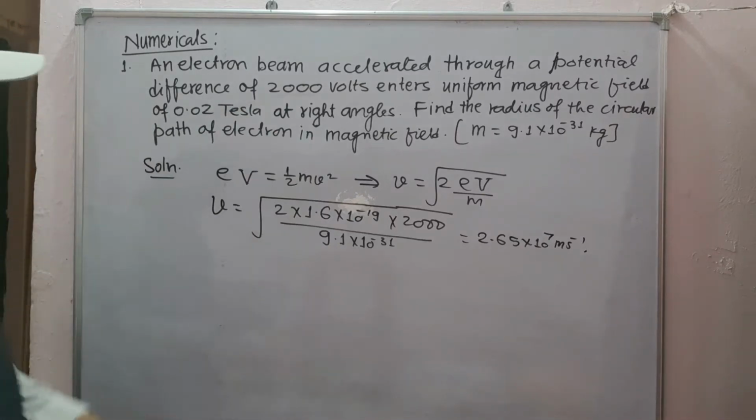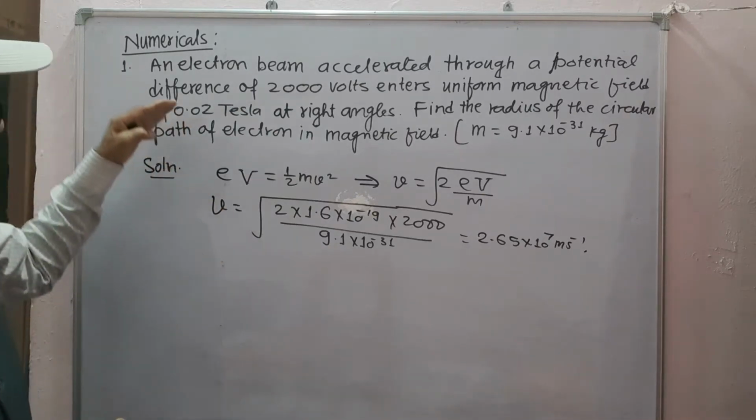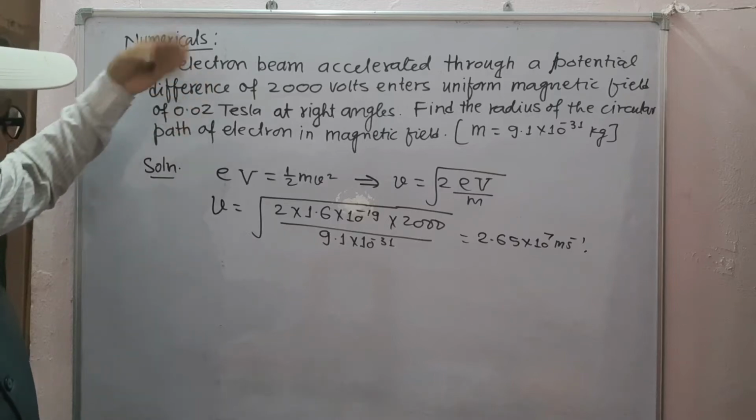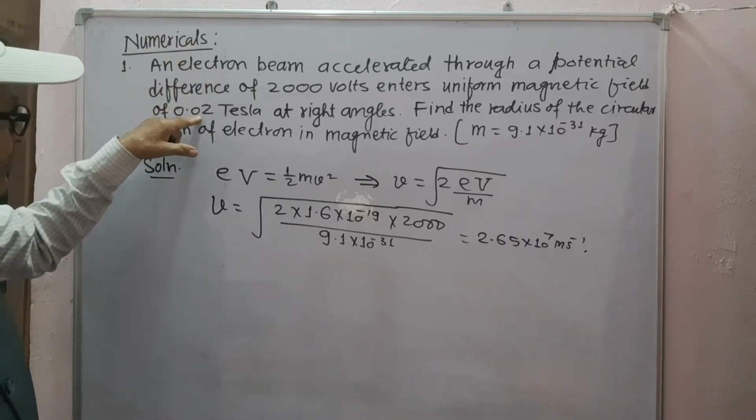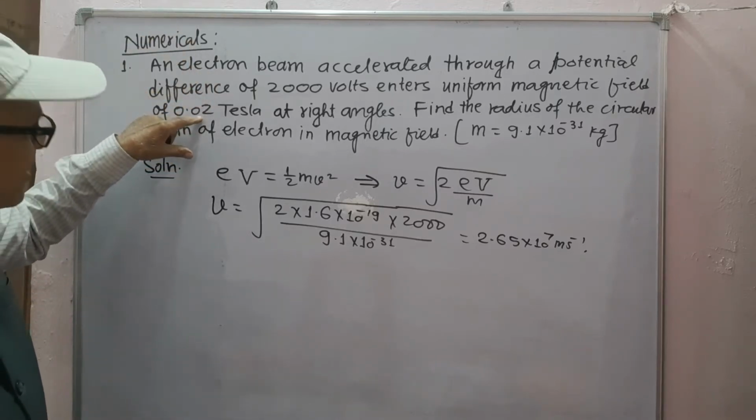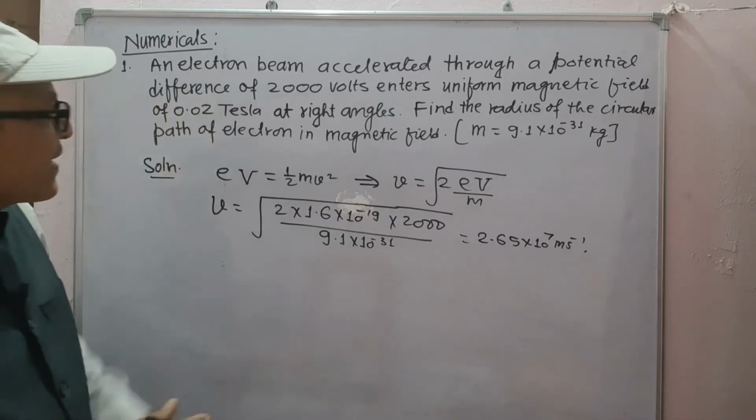Now with this velocity, electron enters perpendicular in the uniform magnetic field B of 0.02 Tesla at right angles.